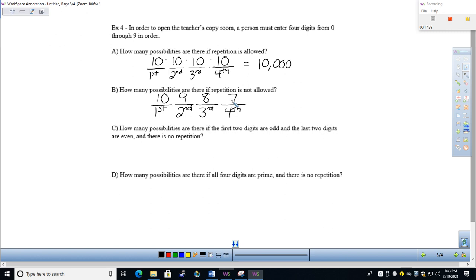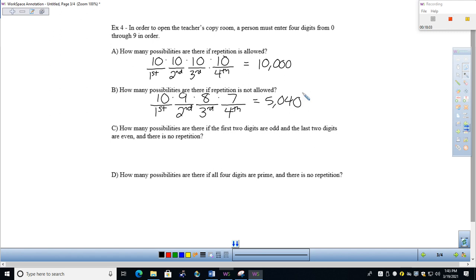Perfect. Now that I've figured out how many possibilities for each individual task, for the entire outcome to occur, I would multiply those together, and I get 10 times 9 times 8 times 7. And if we do that, we bring down the number of possibilities from part A almost by half. So there are 5,040 possibilities.